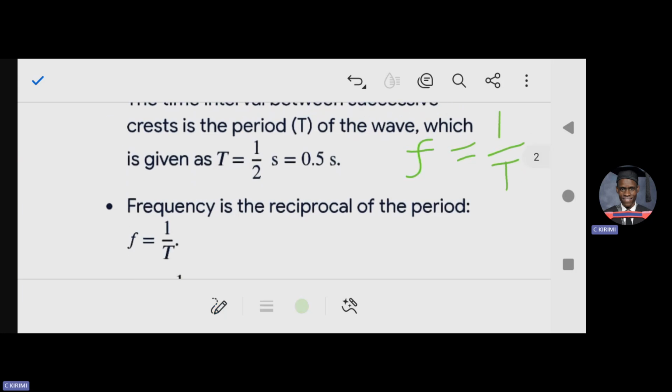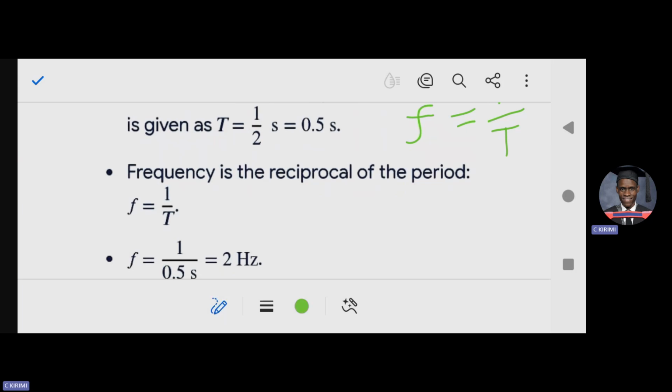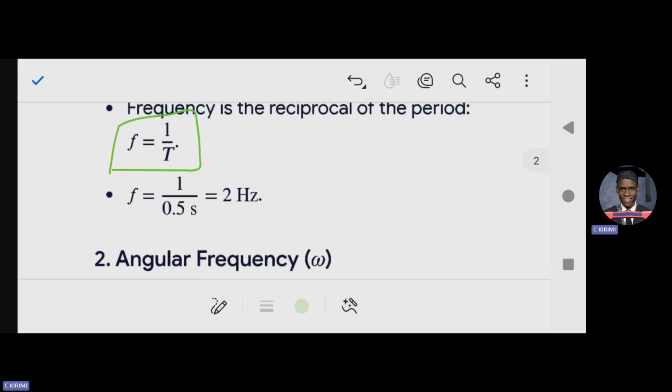So f is 1 over 0.5 seconds, which gives 2 hertz.